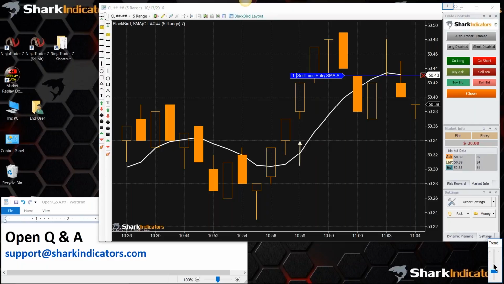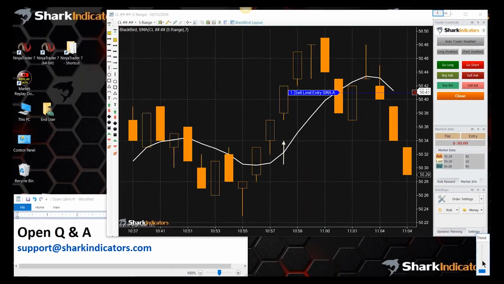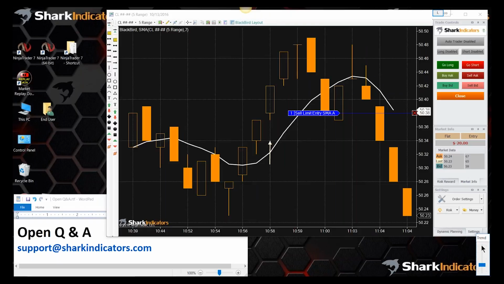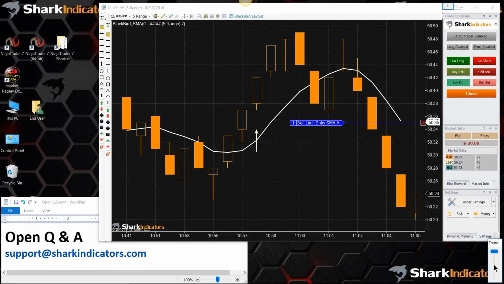And I'll move price down, and we'll watch our limit order start moving down as the SMA starts moving down as well. There we go. So I'll get price to move back up again.